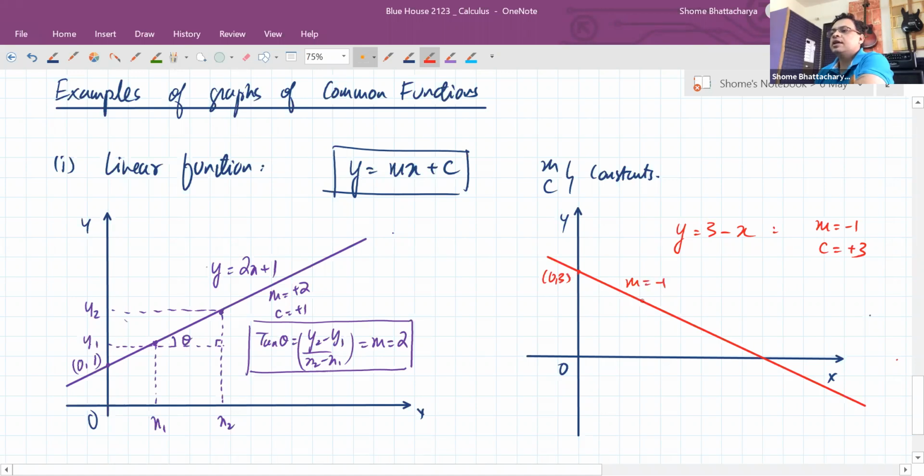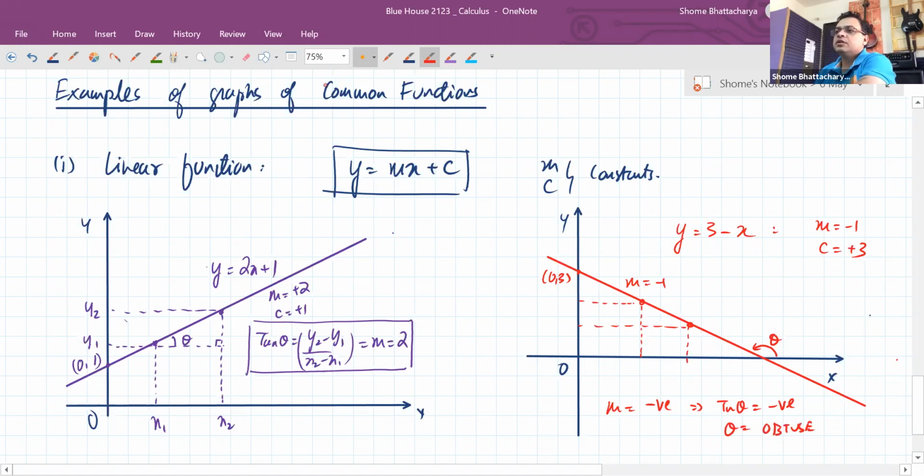So here, y2 minus y1 upon x2 minus x1 will give us a negative quantity, which also means that the angle it makes with the positive x-axis is an obtuse angle. So m being negative means that tan theta is negative, which means that theta will be obtuse.